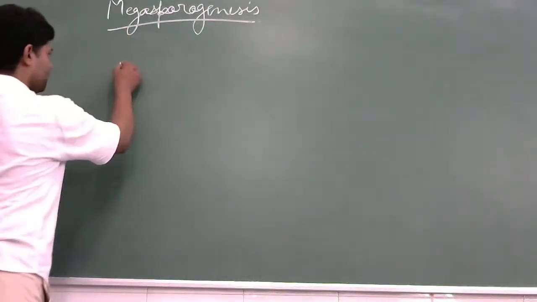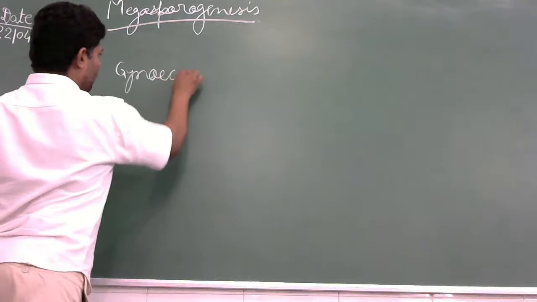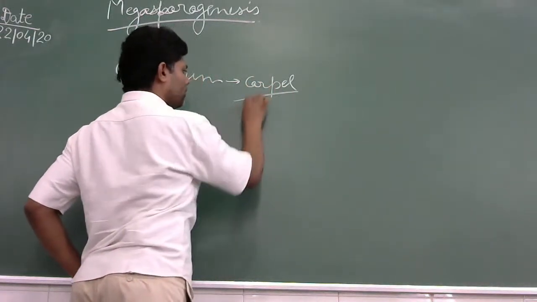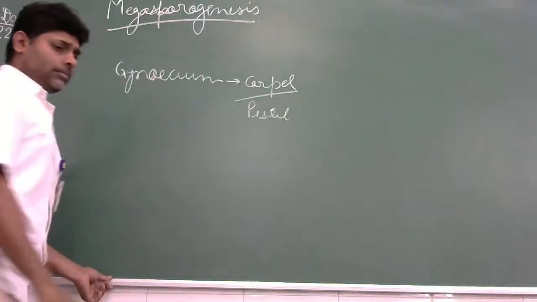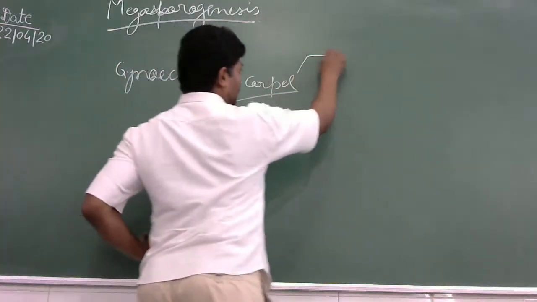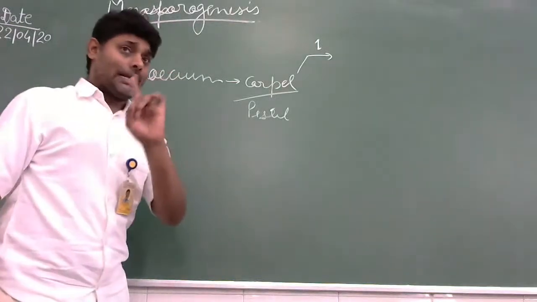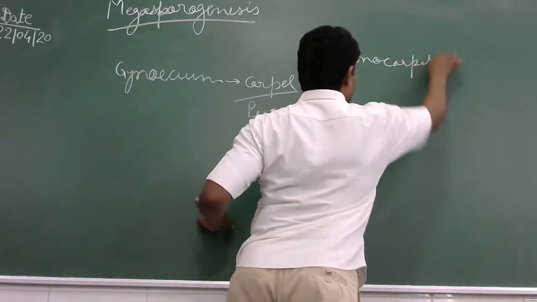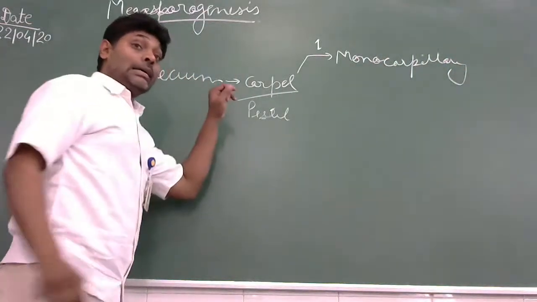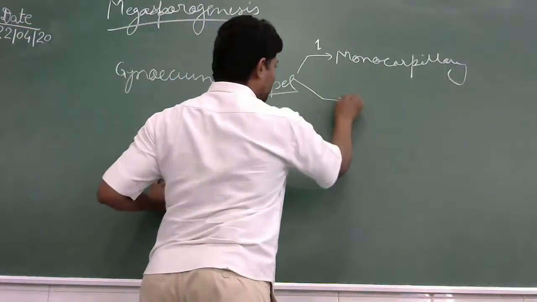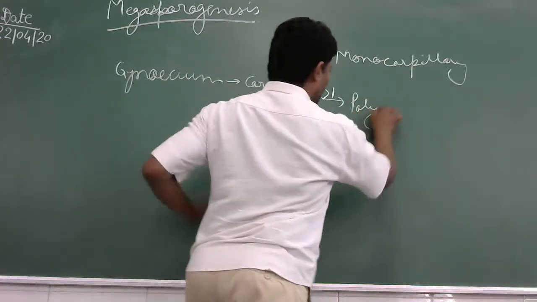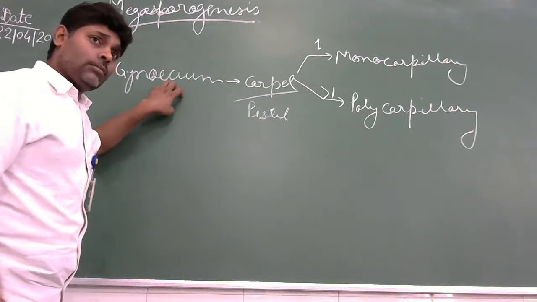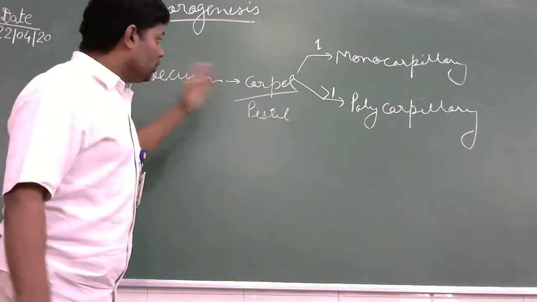If a single carpel is present, then it is known as monocarpellary, and if more than one carpel is present, then it is known as polycarpellary.